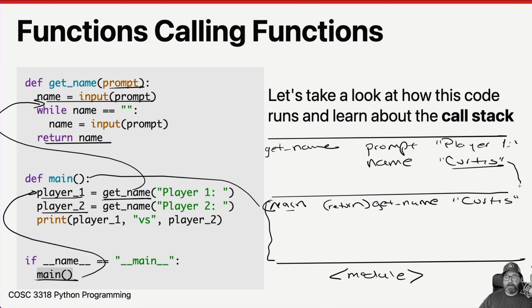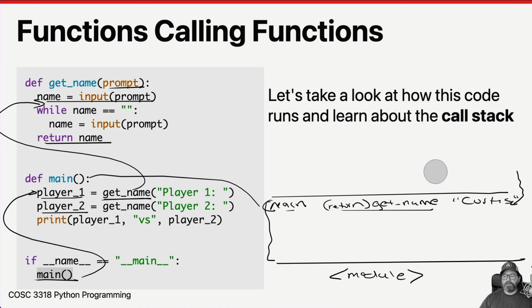Python takes Curtis and copies it into this special variable, and then it totally erases the original memory, that original stack there. So there's no more get name once we return. And then that return value is assigned into player 1. So it gets its own variable, player 1, and its value is Curtis because we assigned that in there.